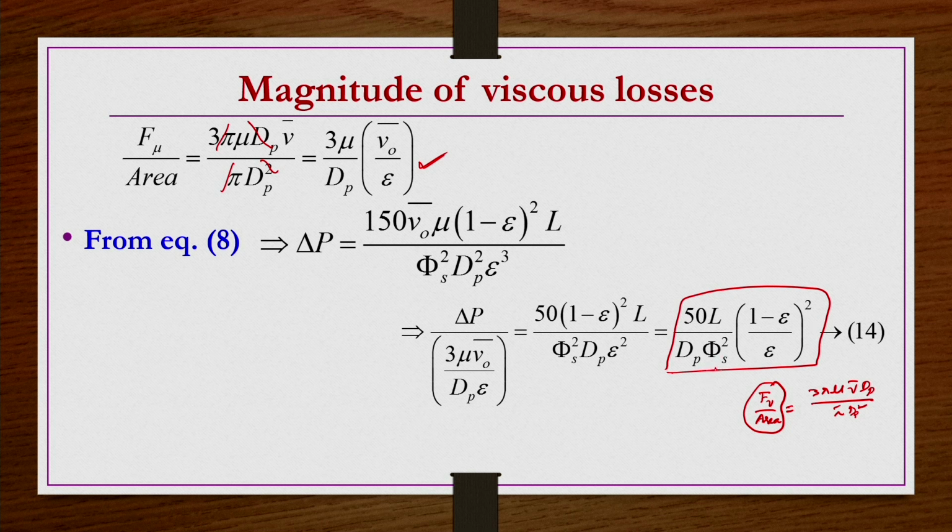So for one layer of particles, the pressure drop is going to be 50 times L (1 minus epsilon) by epsilon square times the viscous forces. Here we also have L by dp, so that indicates per layer of particles. So this is about the magnitude of viscous losses, and then kinetic losses, right.